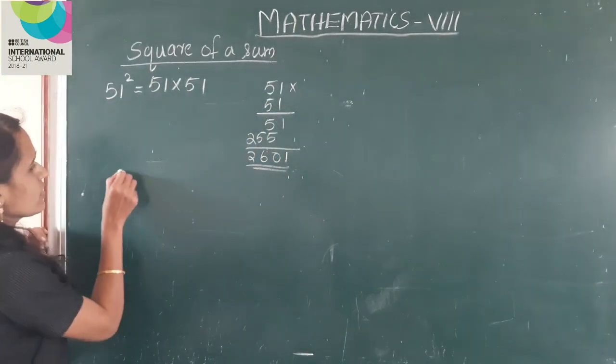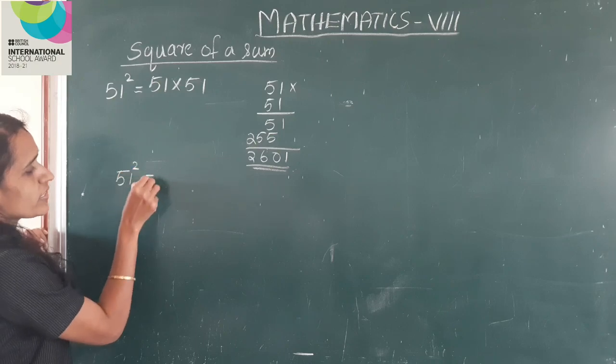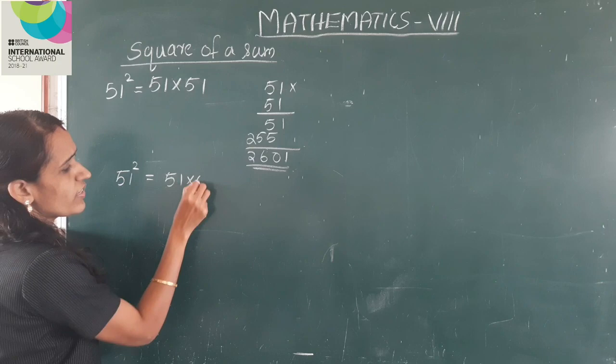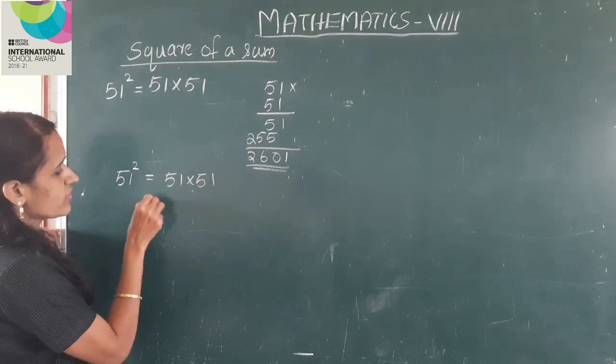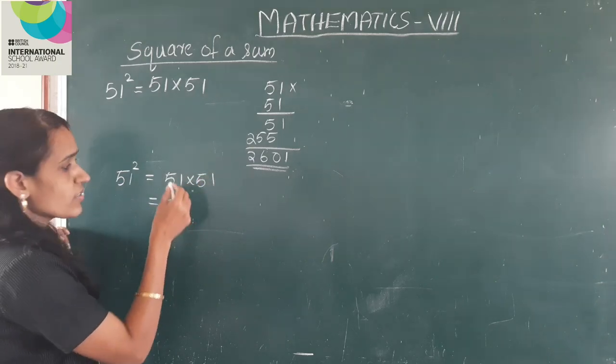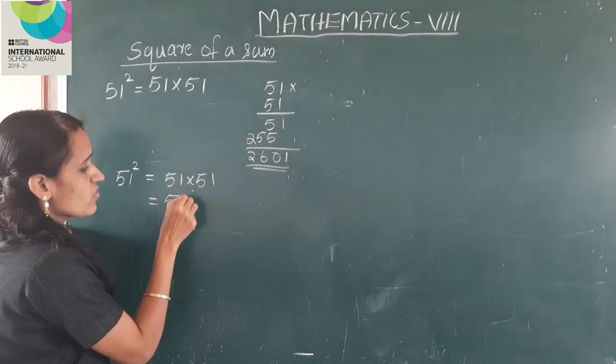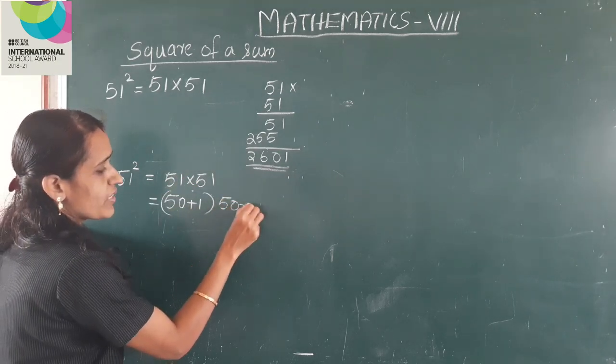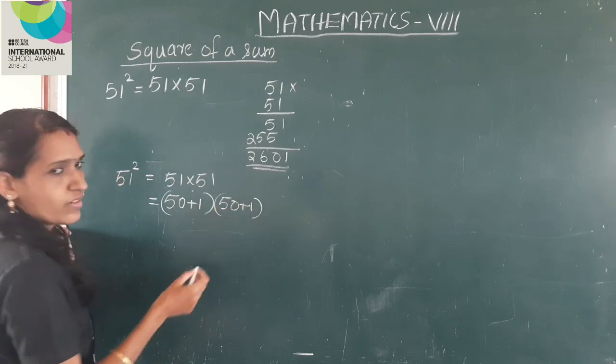We can do it in another way. That is, 51 square is equal to 51 into 51. This is equal to 51 can be written as 50 plus 1 into 50 plus 1.